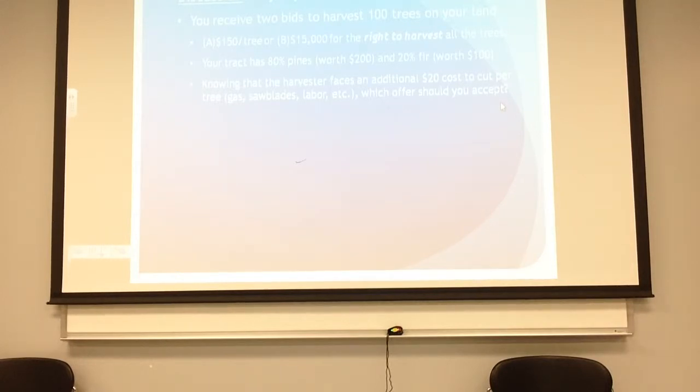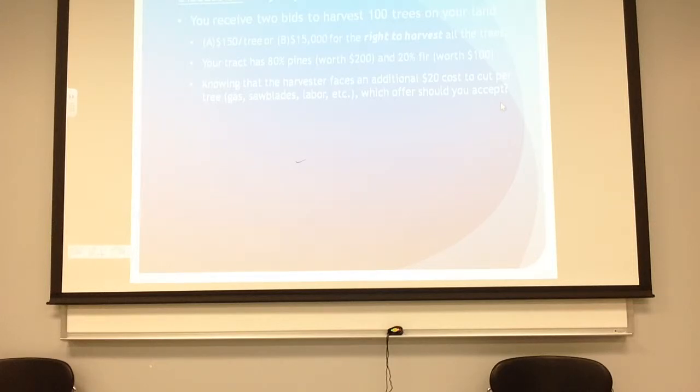Okay, so if he does the per tree business, what's he going to make per tree? What's the profit per tree if I think of marginal profit for pines? If I harvest a pine under contract A, what do I make? $30, right? I'm going to make $200 worth of revenue, minus the $150 I had to pay for the tree, minus the $20 worth of cost, gives me $30 per tree.